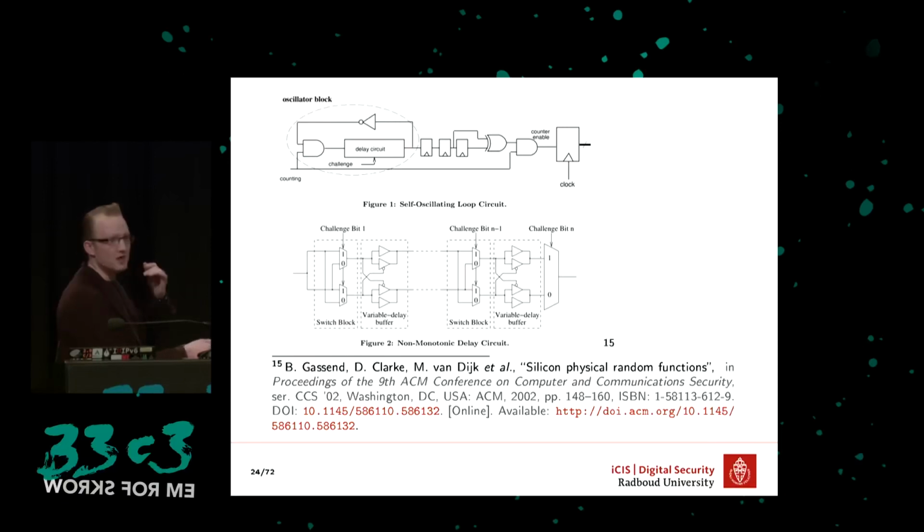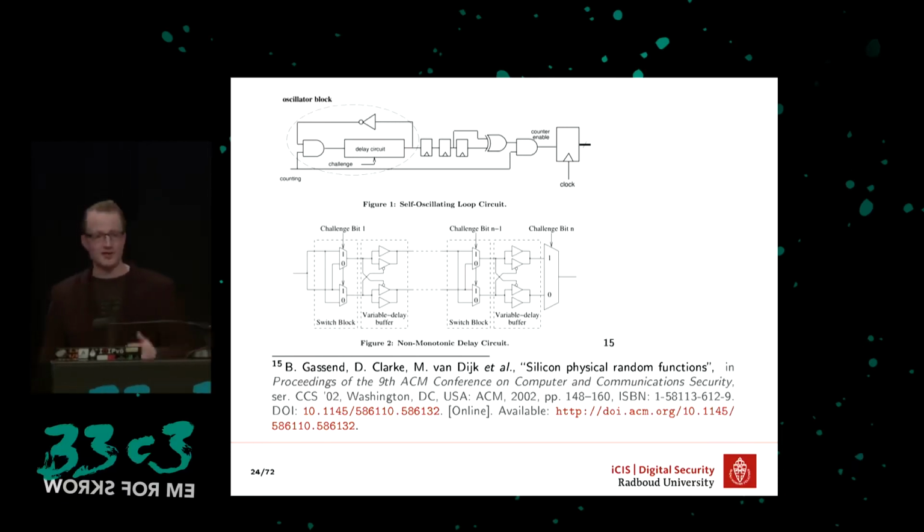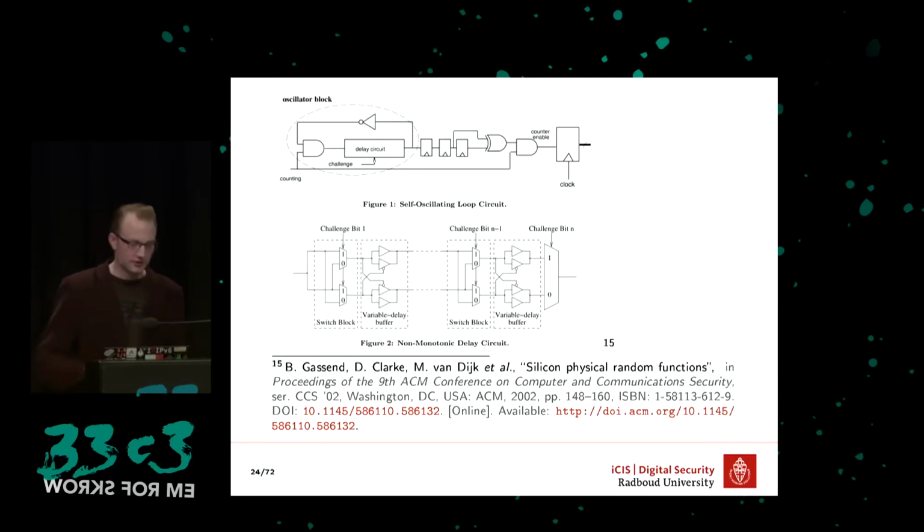If it's 0, you pass over. So if you have a different challenge, you have a different path through this PUF. So ideally, for each challenge, it should be unpredictable whether this final arbiter block gives a 1 or a 0, and then you count the pulses, and you identify your circuit.